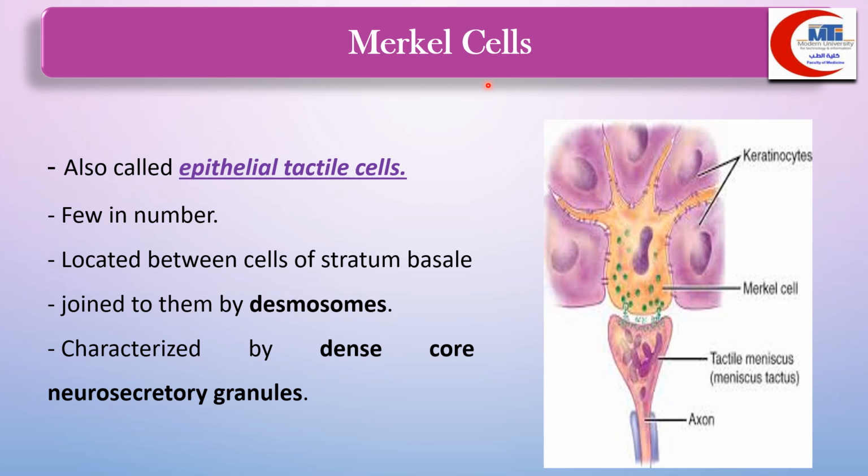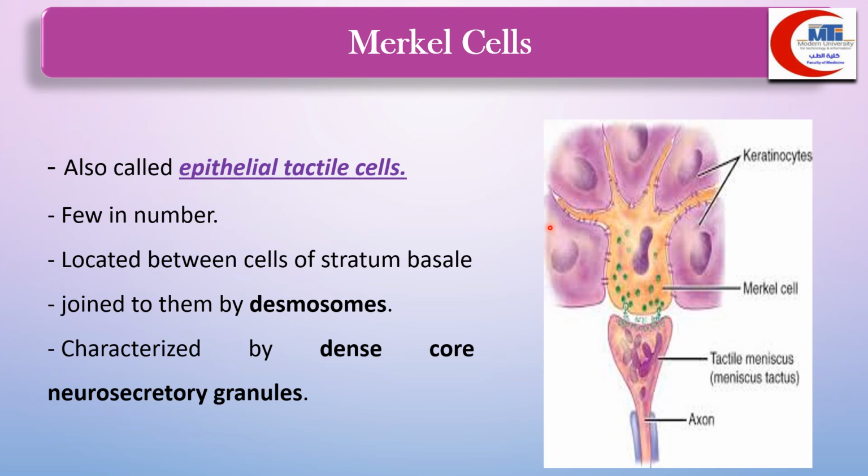They are located between cells of stratum basale, joined to them by desmosomes, and they have dense core neurosecretory granules. The cells are slightly larger than the neighboring cells. They interdigitate and are attached to the keratinocytes or epidermal cells by desmosomes.